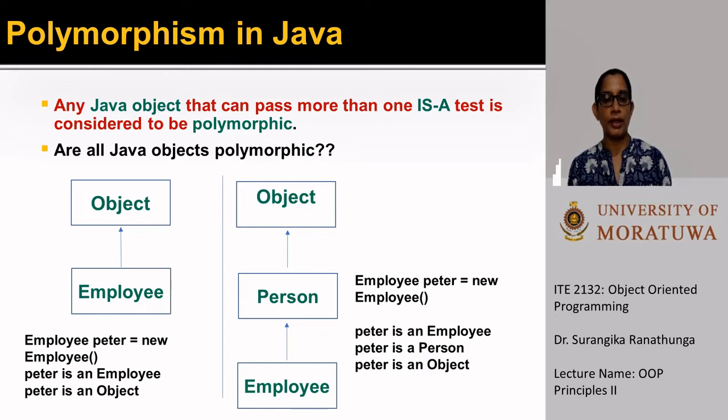Let's say Object x equals new Object, then this x is an object, nothing other than that. So it has only one IS-A test. Other than objects created from the Object superclass, all the other objects you create are polymorphic because they have at least two IS-A relationships: one with the class that you have written and one with the implicit relationship you get from Object.